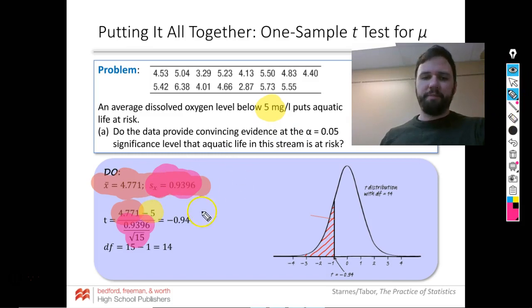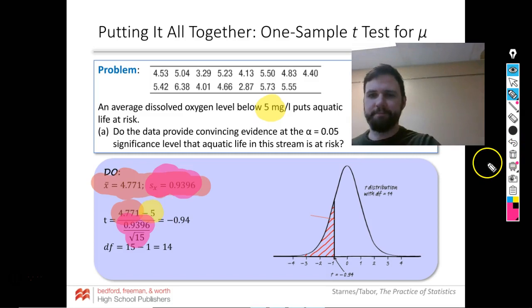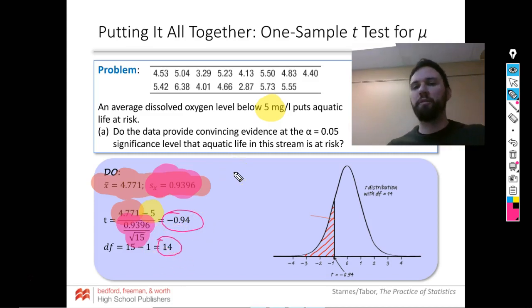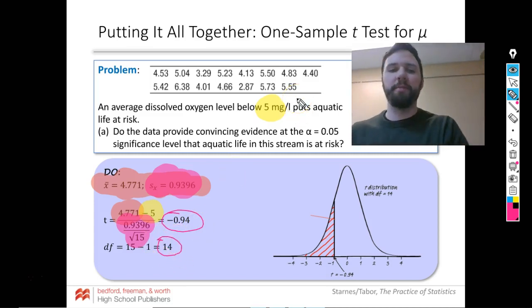So when we do that, we get T equals negative 0.94. And we have our degrees of freedom as N minus 1, so our sample size minus 1, that's 14.